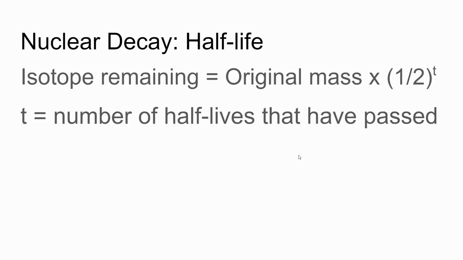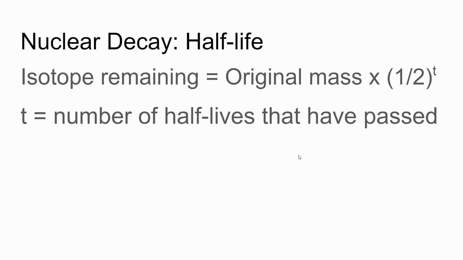Okay. All right, and then we have this equation. We can use this equation. We're going to talk about how to just reason through some of these. But if we wanted to use the equation, we could figure out the isotope remaining. The isotope remaining is the original mass of our isotope times half to the t.